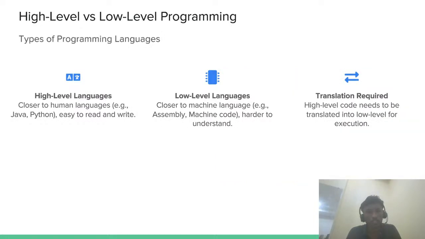Next, what are high level and low level programming languages? There are basically types of languages. A high level language is closer to human language, like Java, Python, C++, and it is easy to read and write by seeing and understanding. A low level language is like binary code, machine level language, closer to machine language, assembly language, machine code, which is harder to understand.